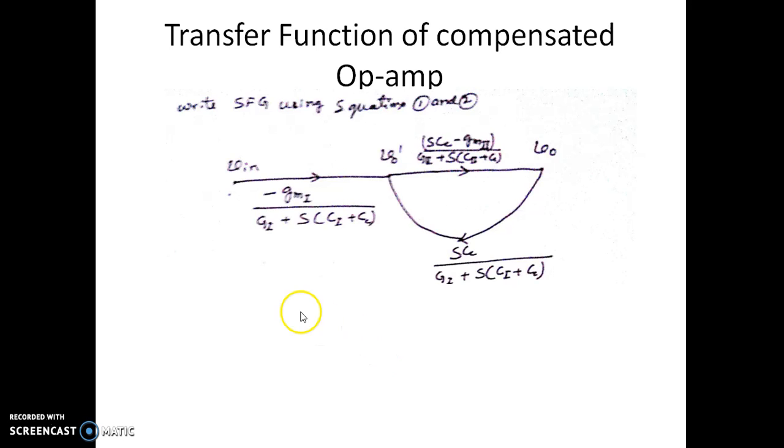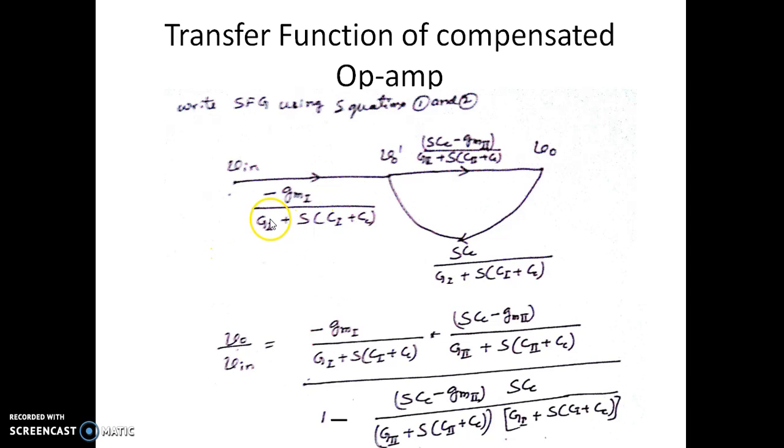We actually wrote the SFG for that small signal two-stage operational amplifier with V naught dash and V naught as the variables, and using equation 1 and 2, which we obtained using the currents at nodes A and B, we could write the small signal SFG for that small signal model, which we discussed in the previous video.